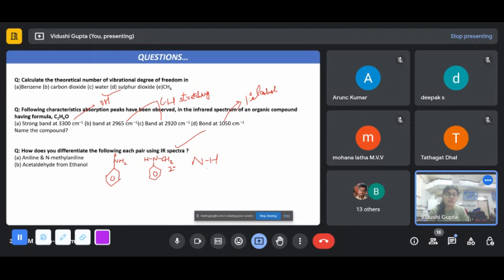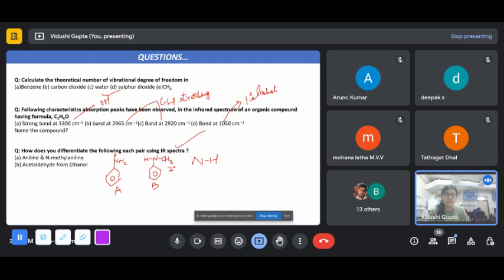Suppose this is A and this is B. What will be the NH stretching of these two? First one is primary and second is secondary.